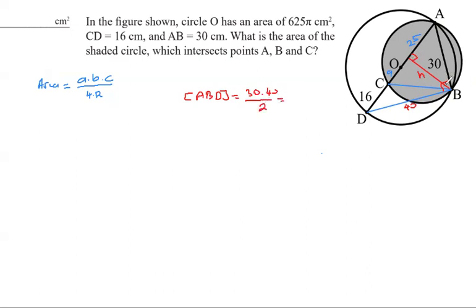Or we can just say height times AD divided by 2 as well. So H times 50 over 2. And then you can even cancel these zeros, and then divide by 5. So that should be 24. The height of that triangle is just 24, which is a nice number as well.